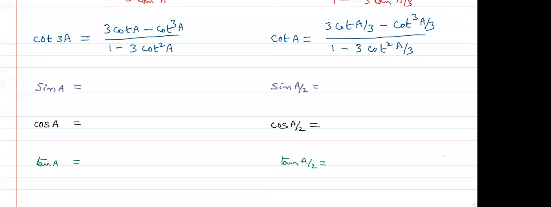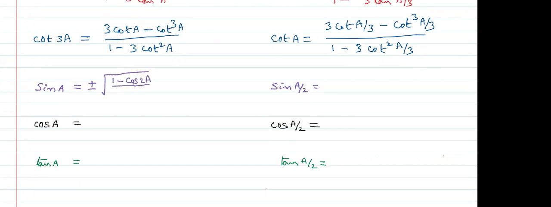Now I am going to write the sin a, cos a, tan a formulas in terms of cos 2a. Sin a formula in terms of cos is plus or minus under root 1 minus cos 2a divided by 2.